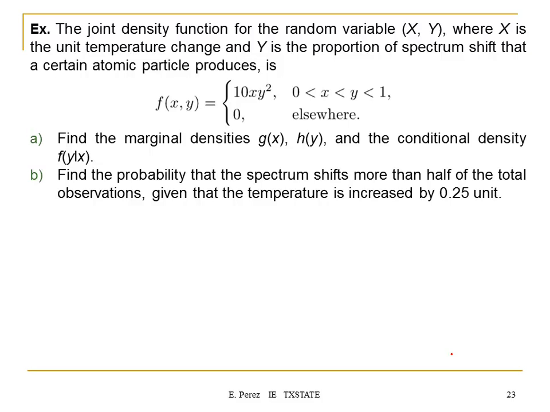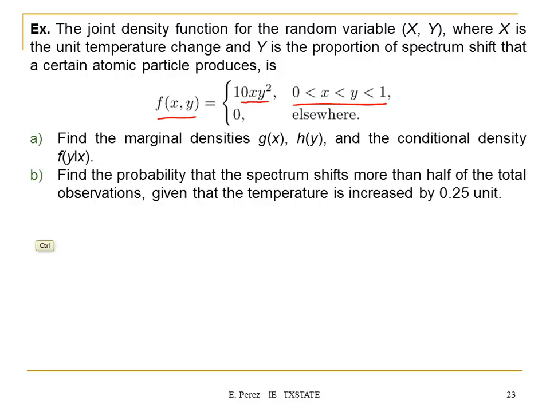The joint density function is equal to 10xy squared for the interval between 0 and 1, where x is less than y and less than 1. The first question is to find the marginal densities for x and y, and the conditional density of y given x.